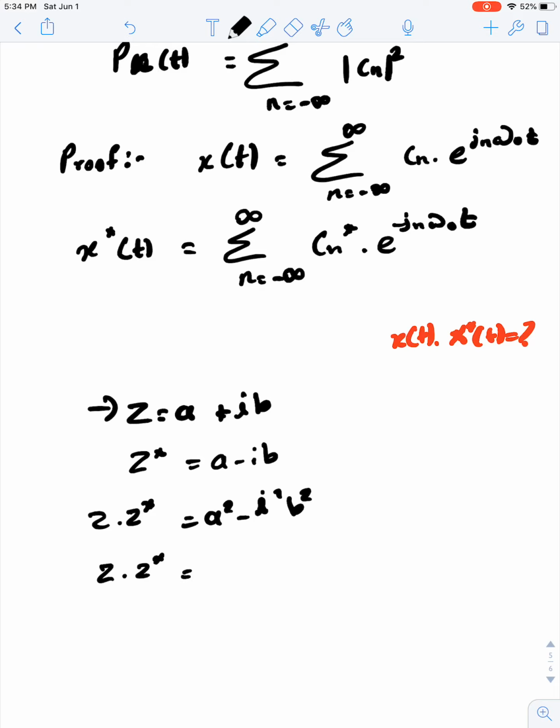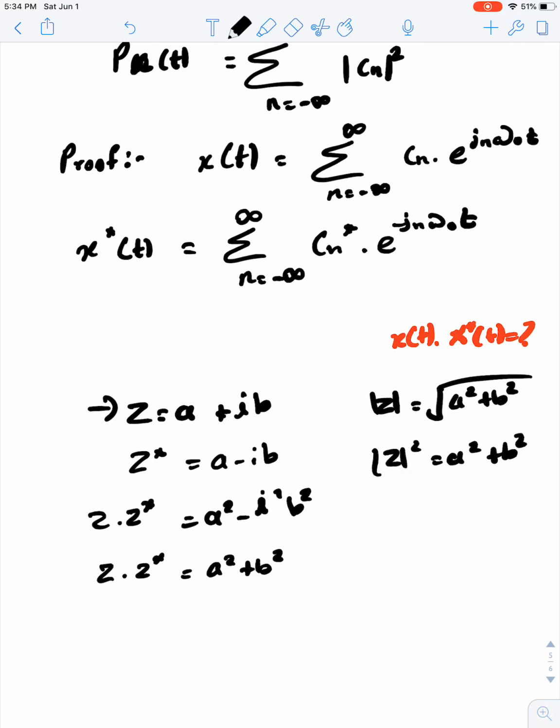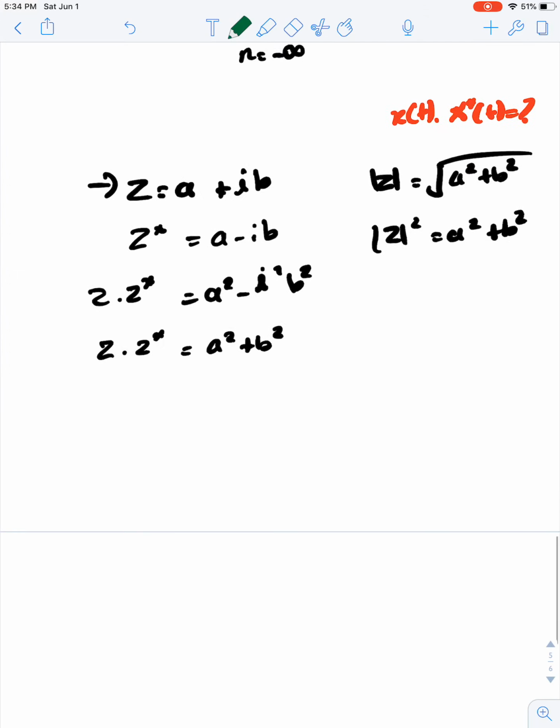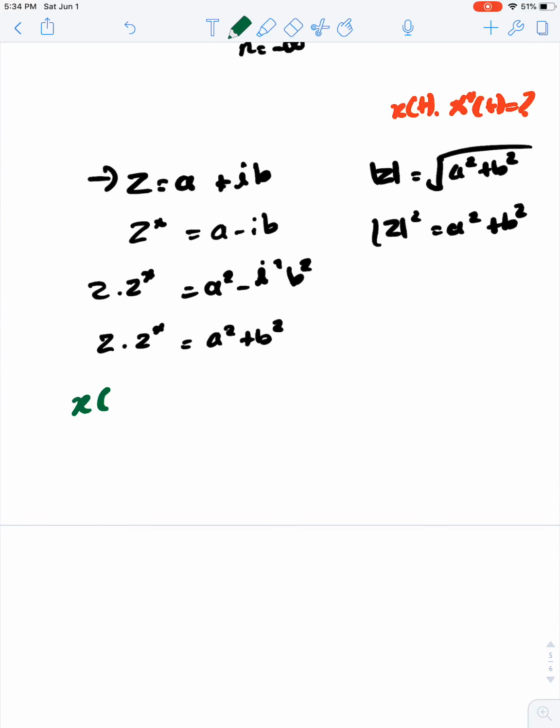The average power of signal x(t) is equal to 1 over T naught integration 0 to T naught mod x(t) whole square dt. Mod x(t) whole square, we can write x(t) multiplied by x(t) conjugate. So we have 1 over T naught integration 0 to T naught x(t) multiplied by x(t) conjugate dt.